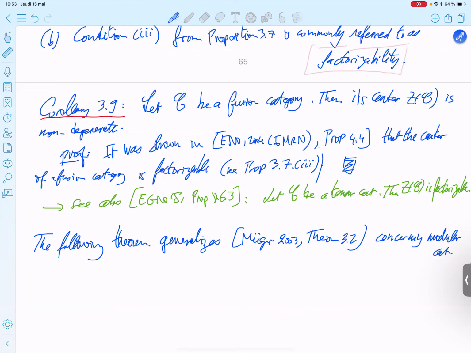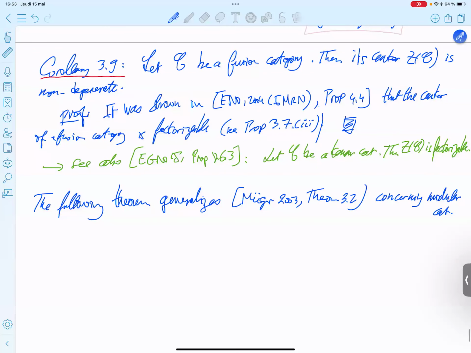So here we don't need premodular and we don't need non-degenerate, so it's a double generalization.